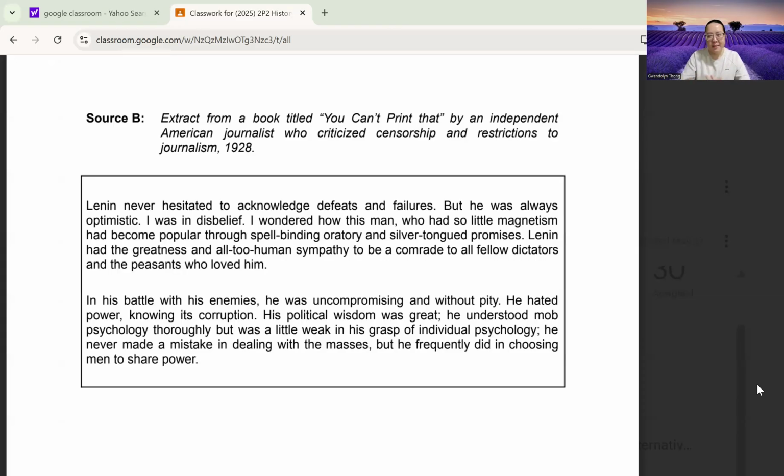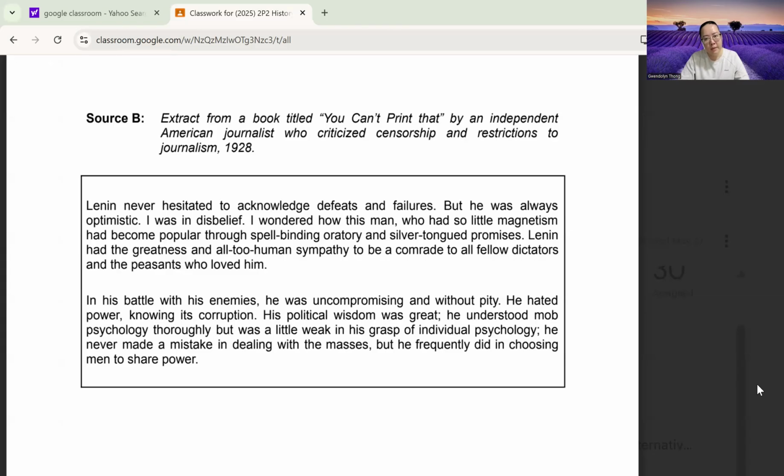So all those words are kind of hyperbolic. In a way, they are vivid descriptions. These are all literary devices that you learn in English. But when you see them in history, and you see not just one or two uses of them, but within two paragraphs, repeated use of vivid description to praise Lenin, I think it's suffice to say the author is supportive of Lenin.